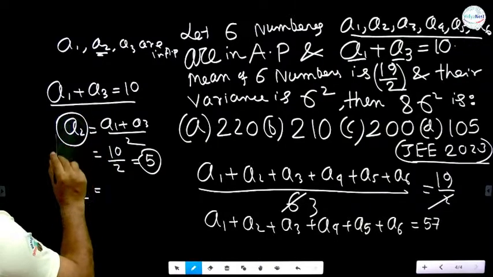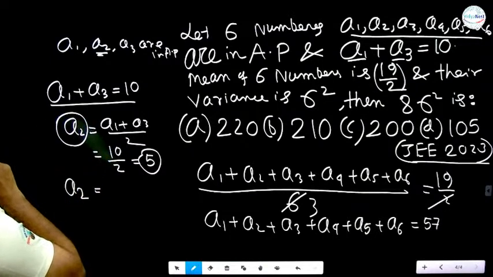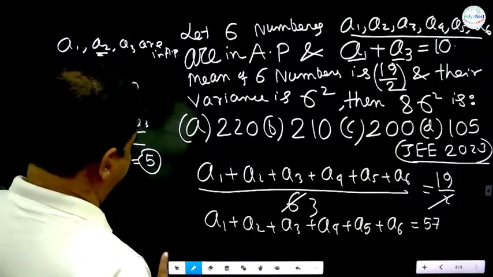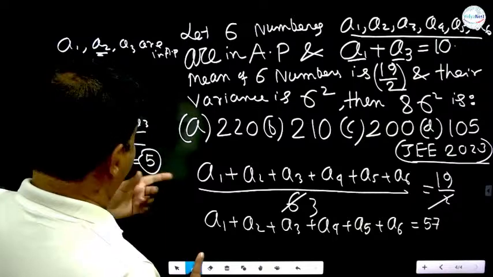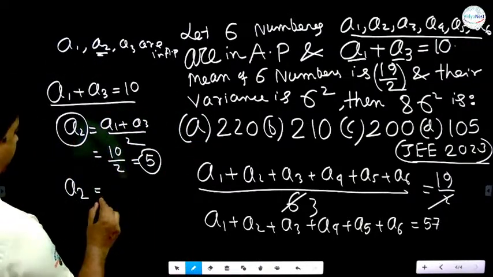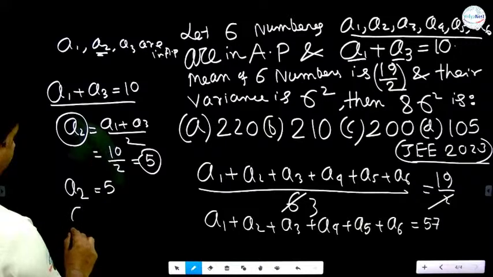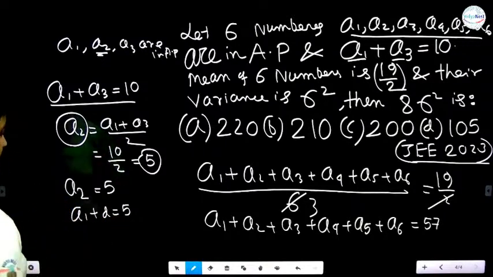First of all, these are in AP. So all terms can be written. A2 is 5. A2 means A1 plus D. That is also 5.